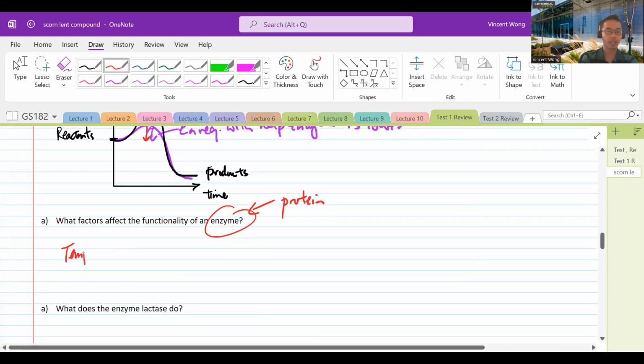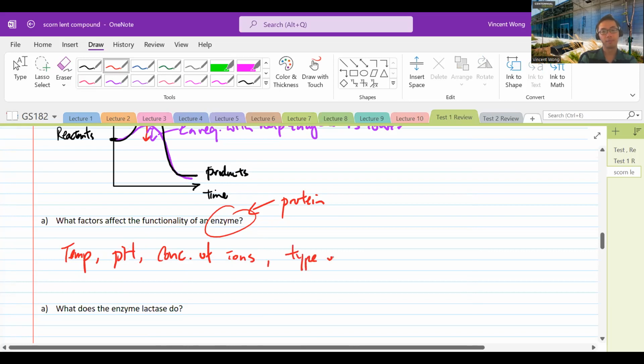We have things like temperature. If you heat it up too much, it will denature. pH, that's good. Concentration of what though? Yeah, of salt, of ions, for example.